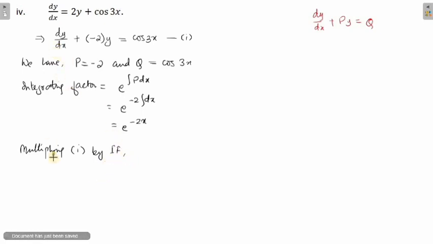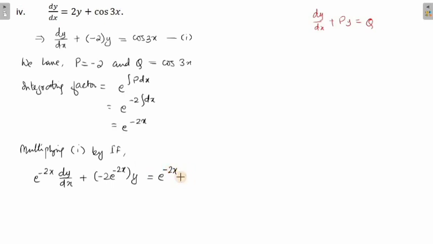So we get e to the power minus 2x dy by dx plus minus 2 e to the power minus 2x y, equal to e to the power minus 2x cos 3x.